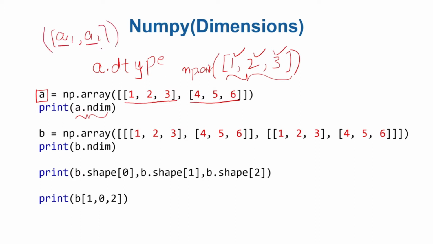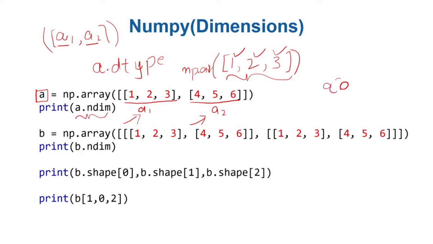A1 is this array and A2 is this array. Now, if we need to access any element in this particular array, we need two indices. First of all, we have to locate whether we are going to talk about A1 or A2. We need one index for that. Let's say this whole array is A.